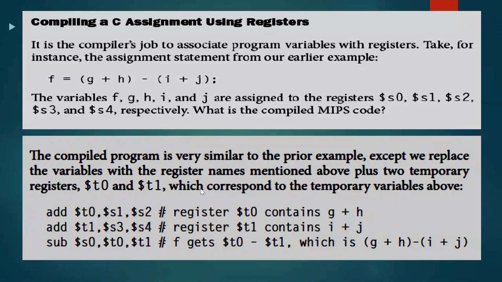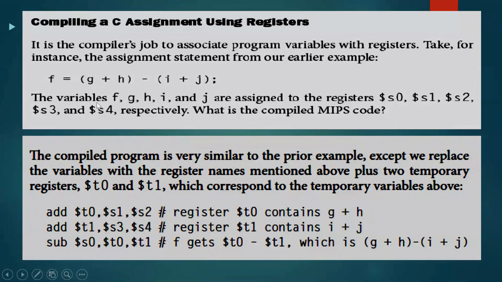For example, take this instruction: f is equal to g plus h minus i plus j. Here the variables are f, g, h, i, and j, and the operators are equal to, plus, minus.